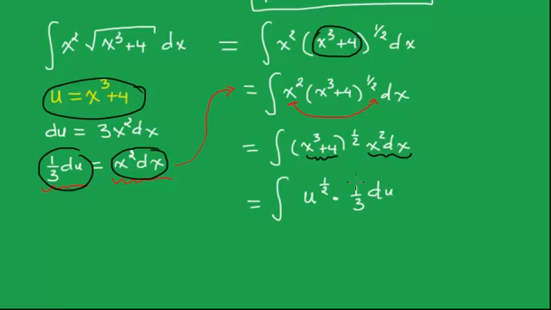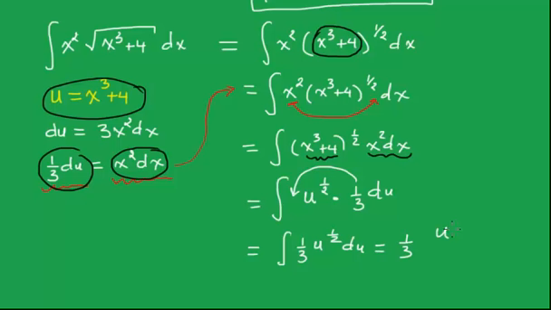And here I can rewrite again by putting the constant in the front. So I get the integral of 1/3 u to the 1/2 du. Now this is a much simpler integral, which is equal to 1/3 u to the 1/2 plus 1.